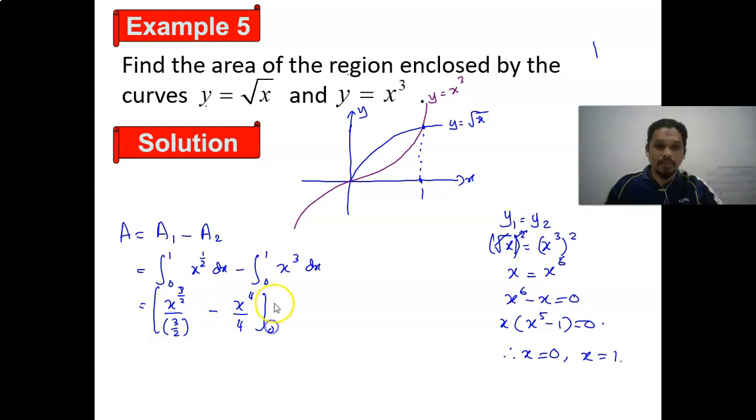Now bring this above here, turn it upside down, and we come up with 2 over 3 x to the power of 3 over 2 minus x to the power of 4 divided by 4, from 0 until 1.